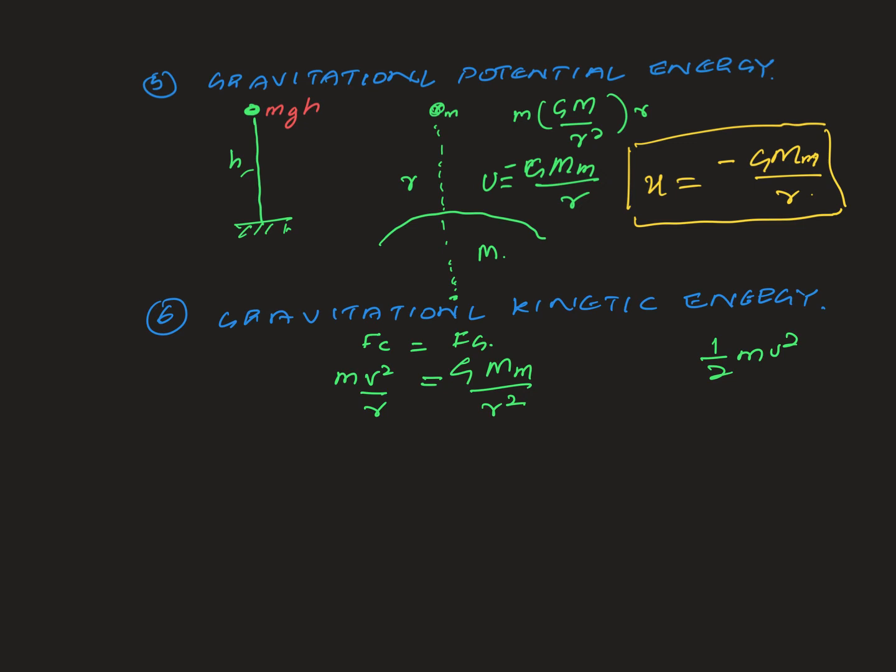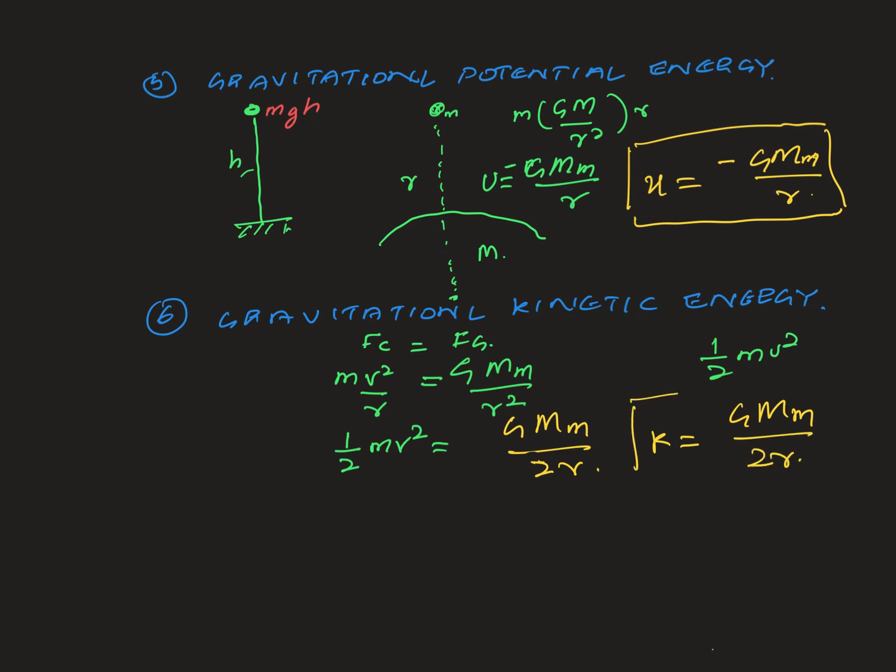So from here, if we want to change the first part to half mv squared, what we are doing is multiplying by half and multiplying by r. So we do the same thing for the second part. We multiply by half and r. So this will become 2r. So the kinetic energy is given by GMm over 2r.